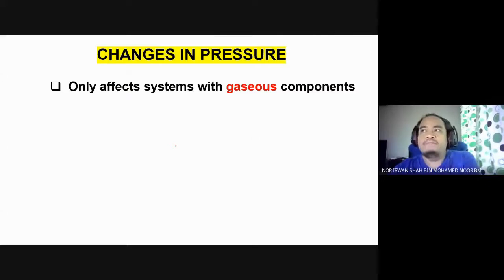It means that if we have a system that contains other phases, for example solids, liquids, or maybe aqueous, this won't be affected by changing the pressure. So remember, changing the pressure only affects the equilibrium system with gaseous components.